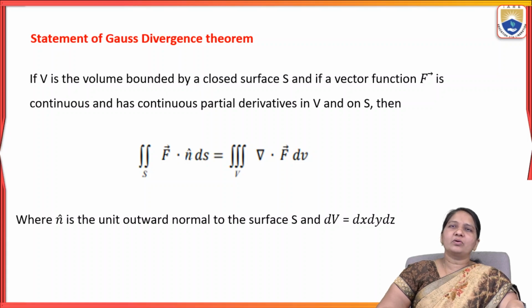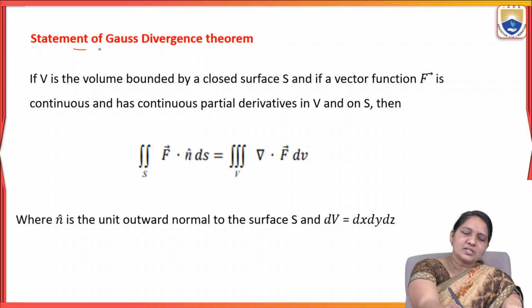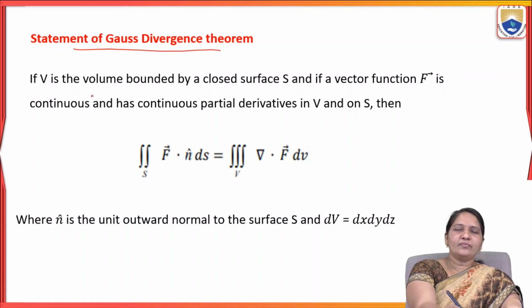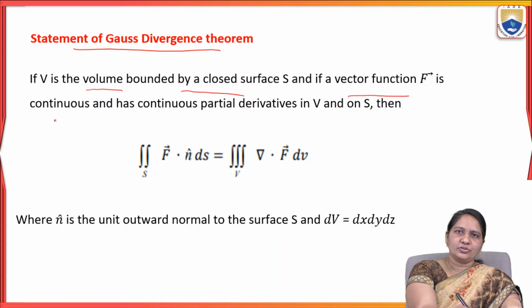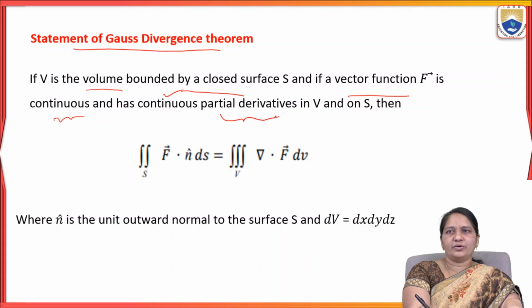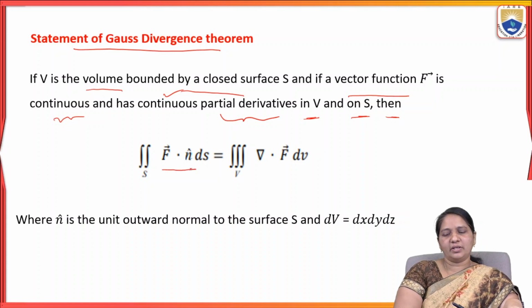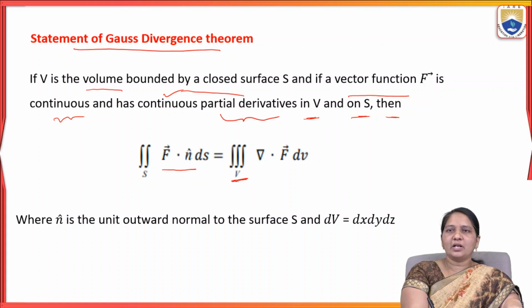So this is the statement of the Gauss Divergence Theorem. If V is the volume bounded by a closed surface S, and if the vector function f bar is continuous and has continuous partial derivatives in V and on S, then double integral over S of f bar dot n bar dS is equal to triple integral over V of del dot f dV.